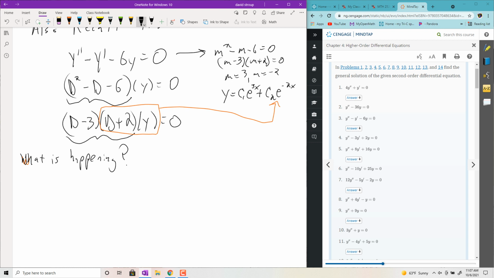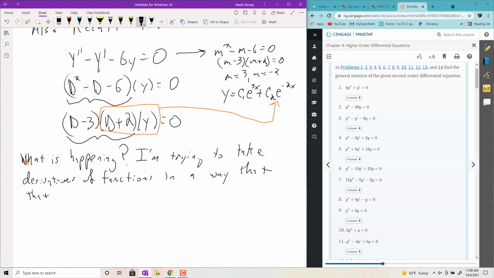I'm trying to take derivatives of functions in a way that transforms a function into 0.